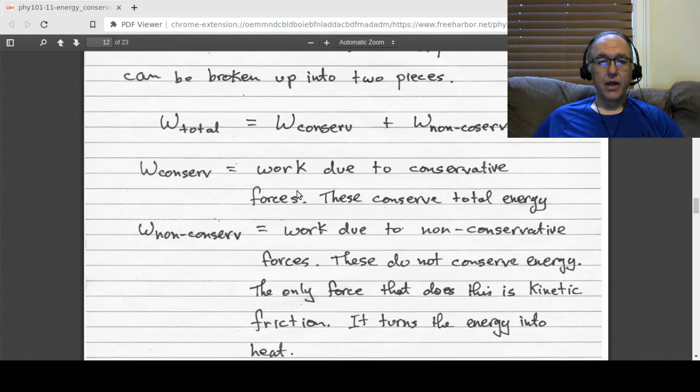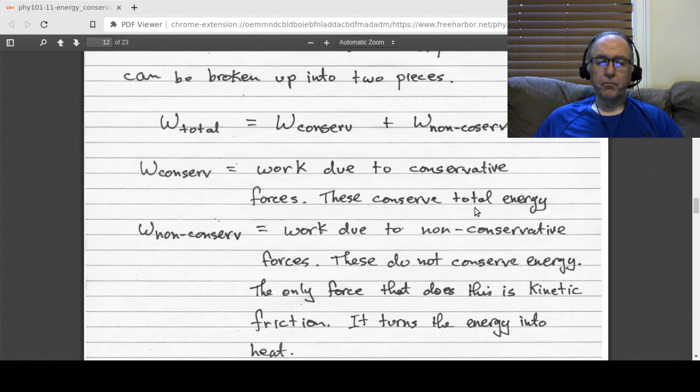And it turns out that the work due to conservative forces are those forces which basically don't make energy go into heat. Okay, so heat, I don't want to go into too much about what heat is, but heat is something which we don't see very easily. And so as an energy, I mean, when a car is driving down the street, you can tell that it has kinetic energy because it's moving, but you really can't tell that there's a lot of energy in your tabletop because of heat.